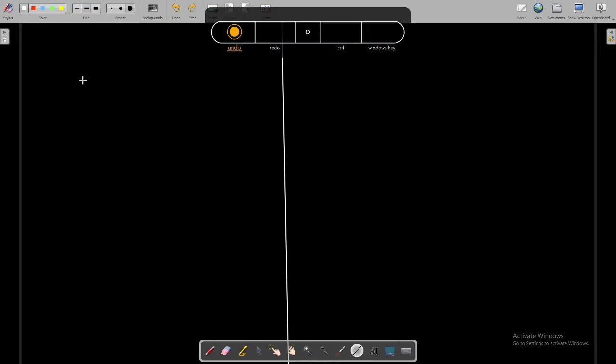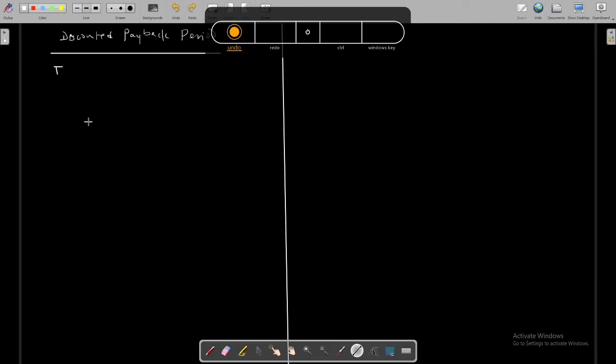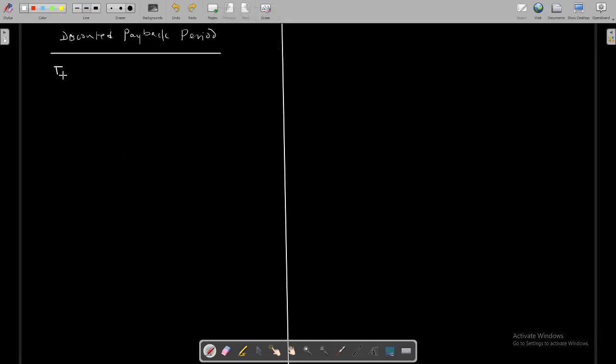Okay, so discounted payback. Now, as we saw already, one of the profound disadvantages of the traditional payback period is that it does not take into account the time value of money.